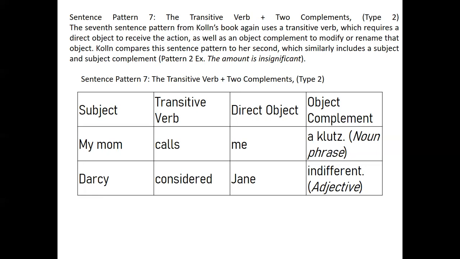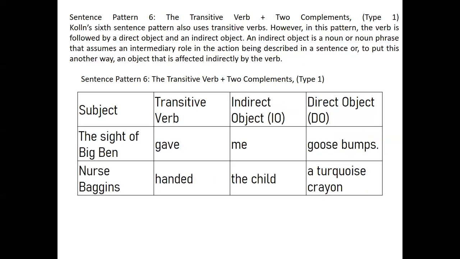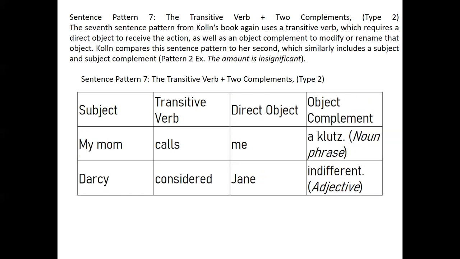But in pattern number 7, my mom calls me, the direct object receives an object complement, not the indirect object. In pattern 6, the indirect object receives what is given, but in pattern 7 the direct object receives the object complement.